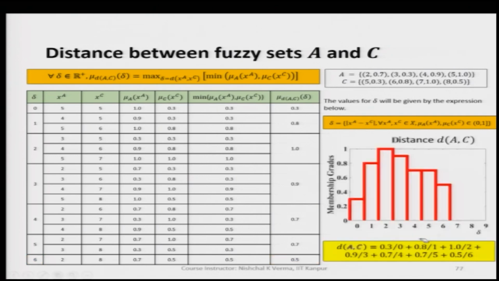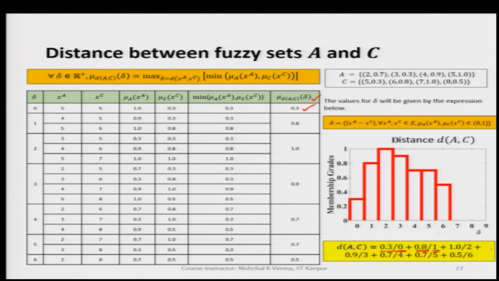Now we are using these delta values and their corresponding membership values which are in the last column. For delta 0 we are getting 0.3 as the membership value, which we have written over here, and for delta value 1 we have 0.8.